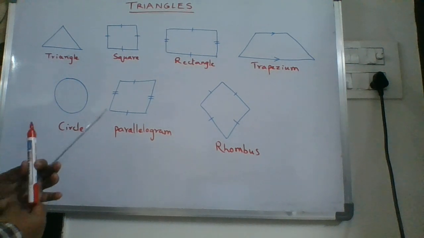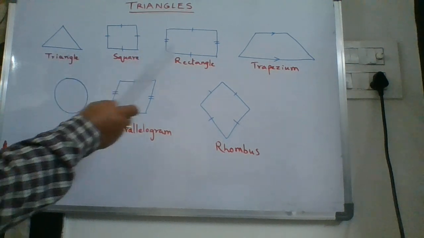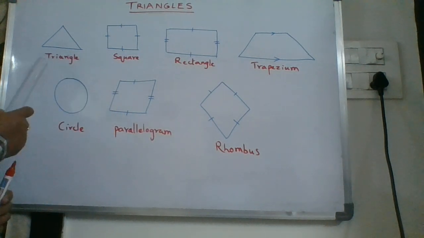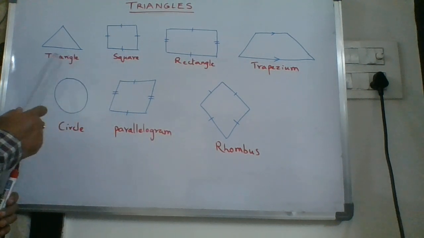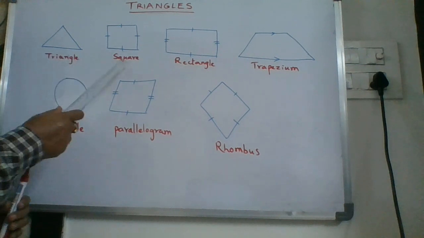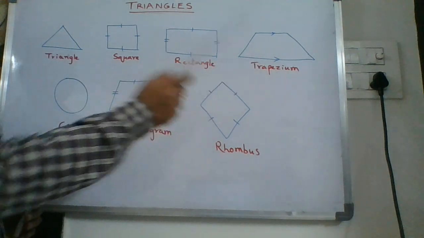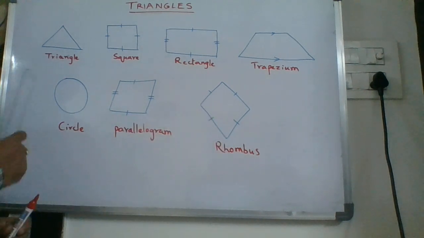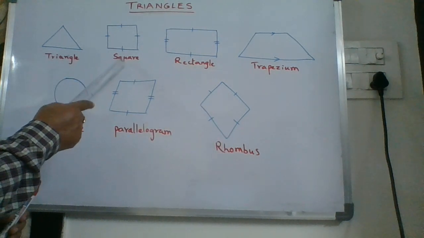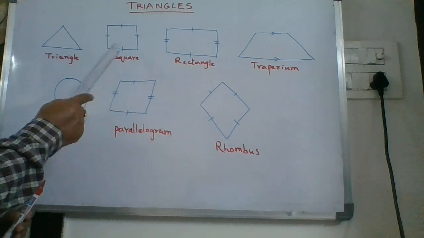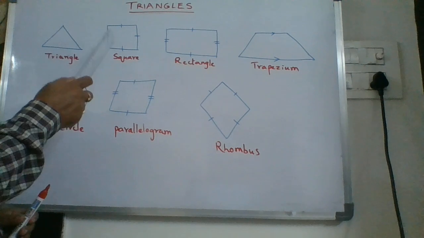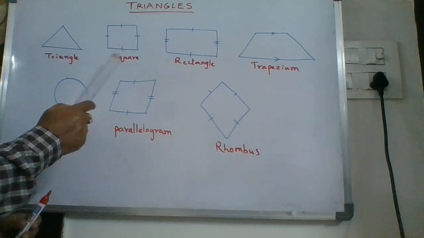Now observe these shapes. These are geometrical shapes and you know very well the names. This is triangle, square, rectangle, trapezium, circle, parallelogram, rhombus. What is the difference between square and rhombus? See, here square has four sides equal.